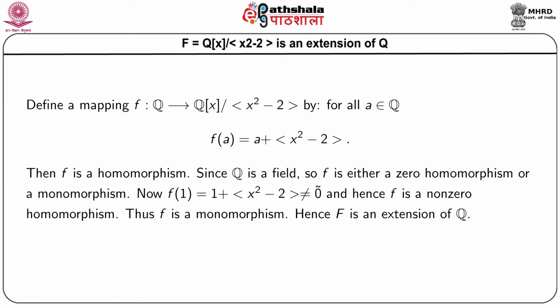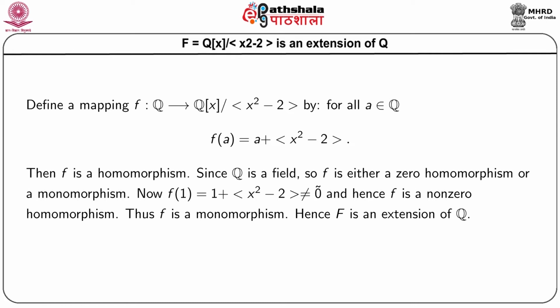Then f is a homomorphism. Now, we check the one-to-oneness of f in a different way. Here we show that f is not a zero homomorphism, and hence it will follow that f is 1 to 1.